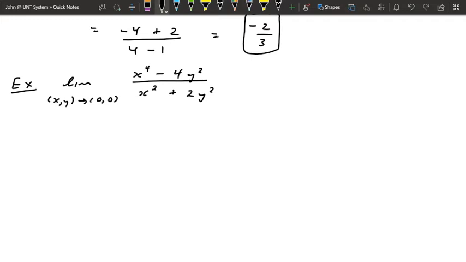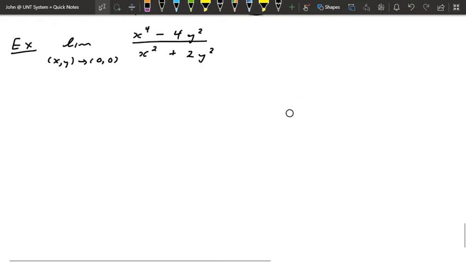So let's see why we cannot do exactly the same thing we did in the previous problem. The denominator is going to be equal to 0 when x equals 0, y equals 0. Okay, so this function, which is a ratio, is not going to be continuous at (0,0). If it were, we would just apply continuity and plug in (0,0) here for x and y.